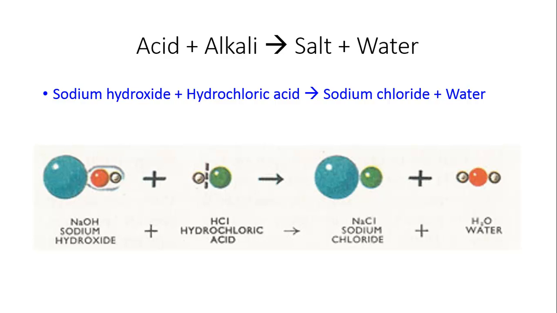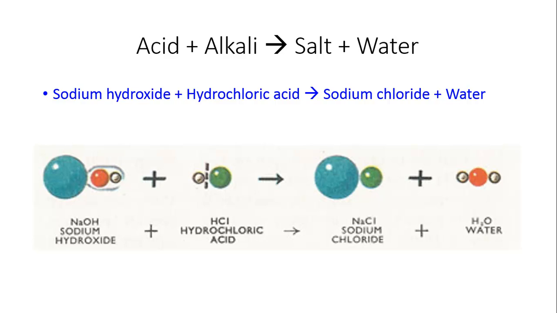Very interesting to know that sodium is very explosive, very reactive, and chlorine is a poisonous gas. So those elements alone are very dangerous. But when you combine them and they go through this neutralization reaction, it becomes a new product, sodium chloride, which is very, very stable.